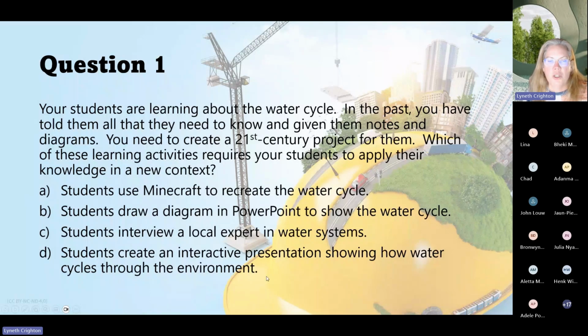environment. So the Minecraft and the PowerPoint, when you're reading in the exam, don't be misled by the fancy tools or Microsoft products, because at this point we're looking for a new context.